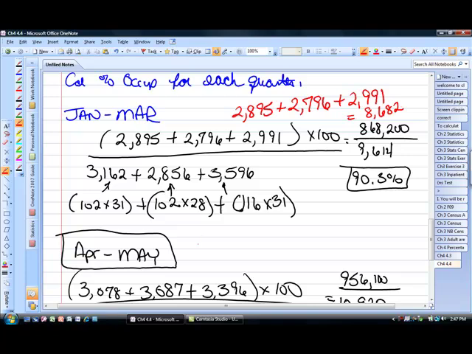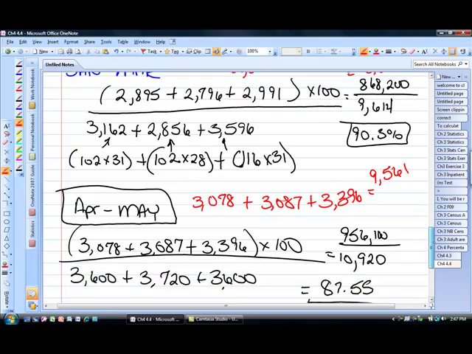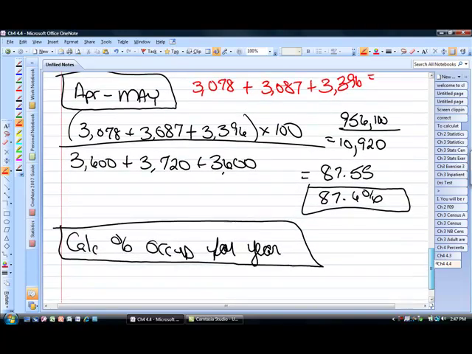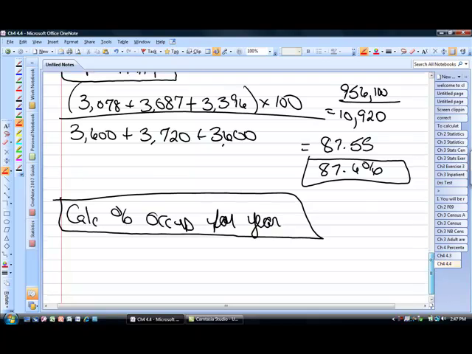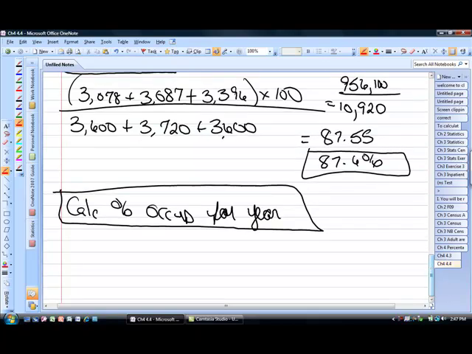For April through June, 3,078 plus 3,087 plus 3,396 gives us 9,561. And let's say we went ahead and calculated the next quarters, I will go ahead and give you that information since we did not do all of the calculations.